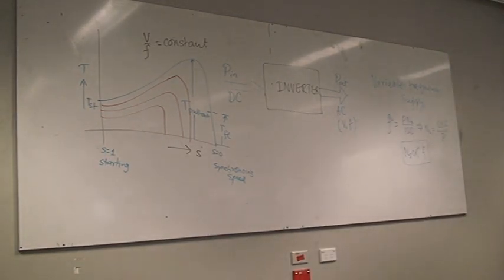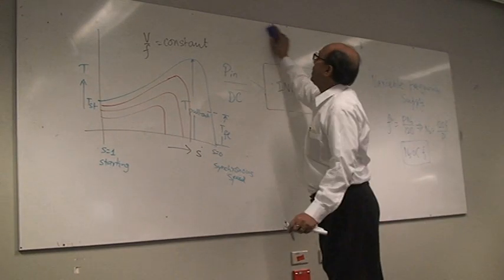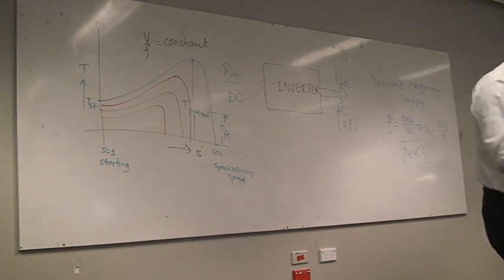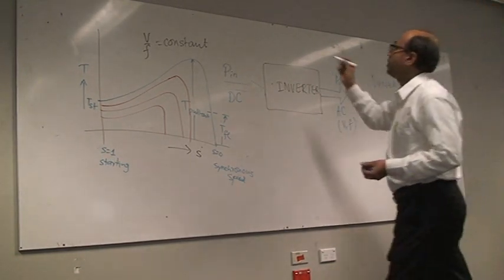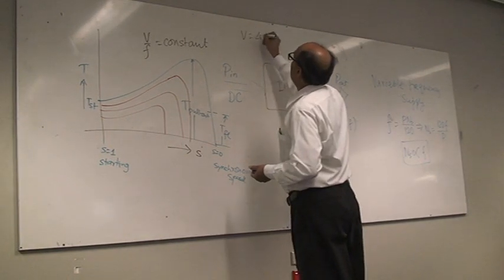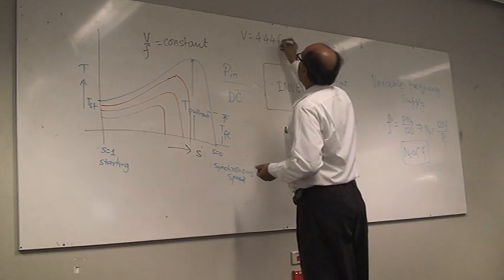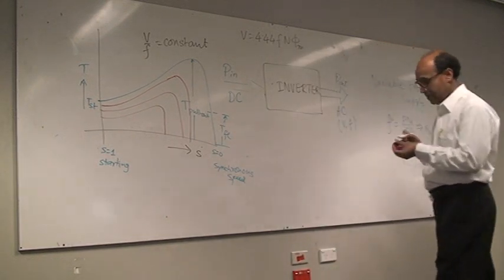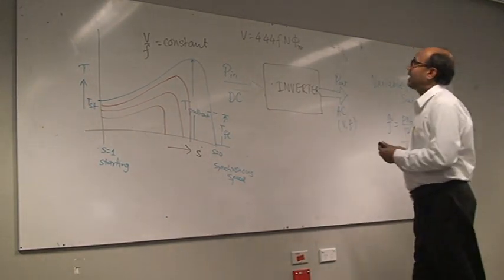This comes from the relationship between the voltage and the frequency, something like this. Voltage equal to 4.44 f N phi m. N is the number of turns, phi m is the maximum flux.